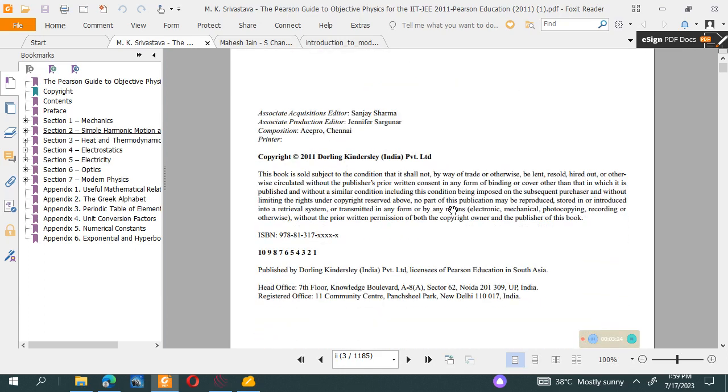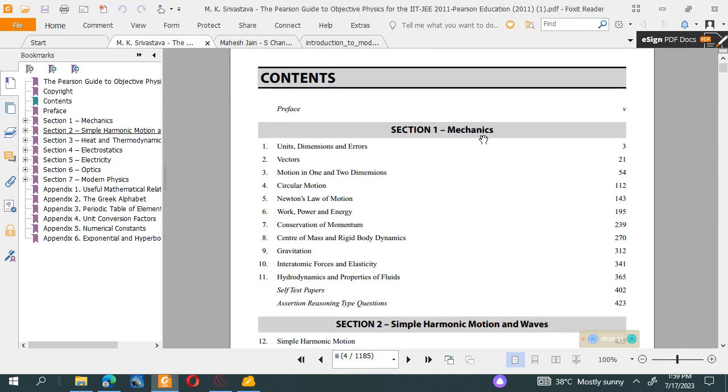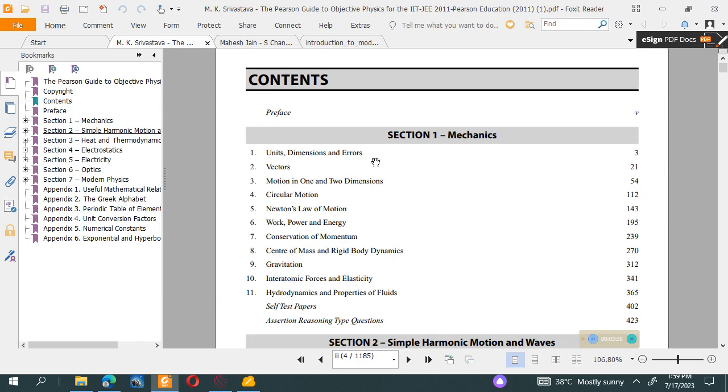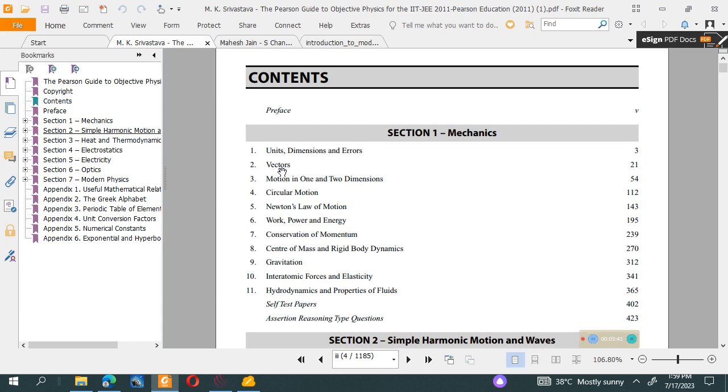And these are its sections. If you want to read the classical mechanics portion at basically BSc level, it contains units, dimension and error as the first chapter, and then vectors, motion in 1 and 2 dimensions, circular motion, gravitation, and dynamics. There are almost 11 chapters.